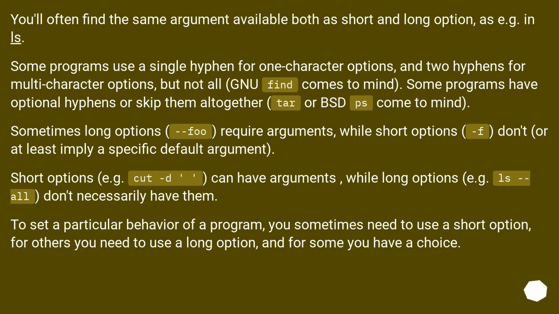Sometimes long options, --foo, require arguments, while short options, -f, don't, or at least imply a specific default argument. Short options, for example, cut -d, can have arguments, while long options, for example, ls --all, don't necessarily have them. To set a particular behavior of a program, you sometimes need to use a short option, for others you need to use a long option, and for some you have a choice.